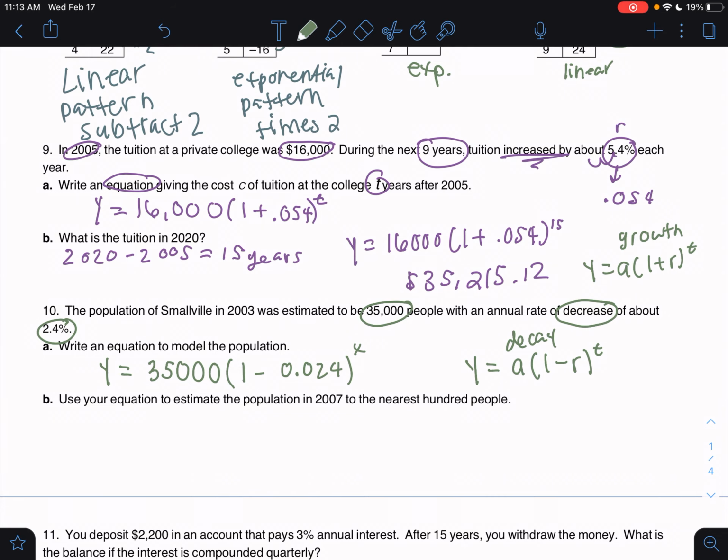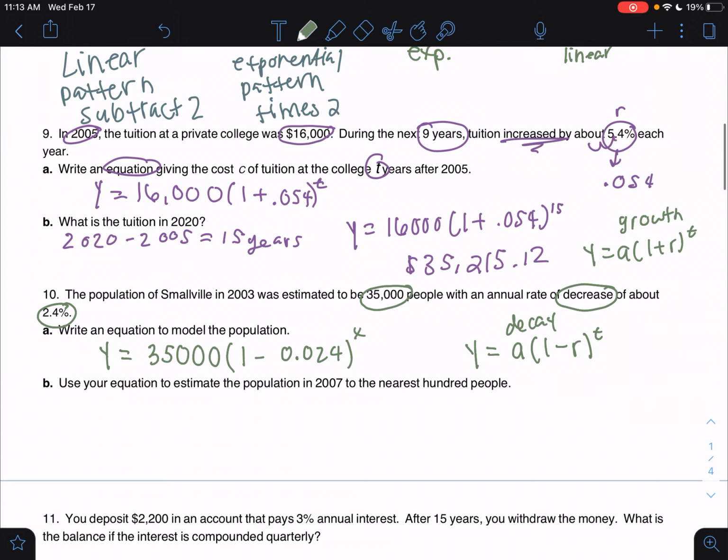Okay, now we want to use the equation that we created to estimate the population in 2007. So they gave us the population in 2003, and we want to know the population in 2007. So what is the difference between those? 4. So the 4 is going to be our t, the x, this exponent up here.